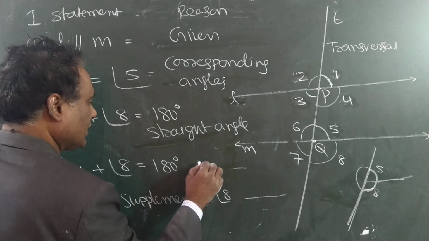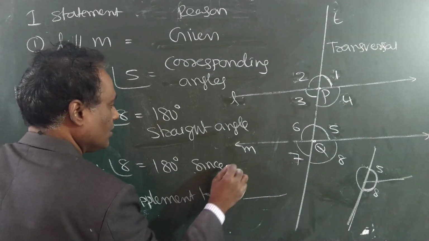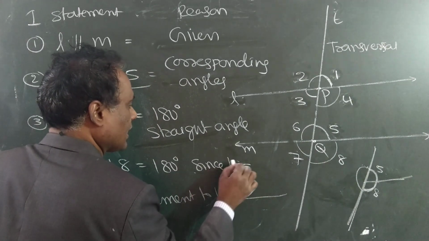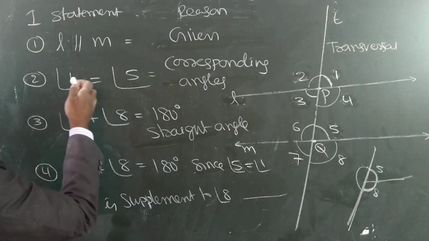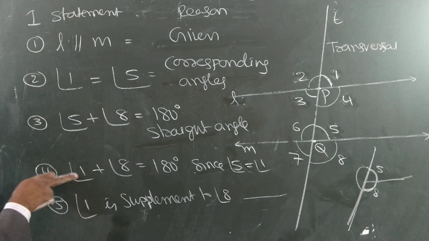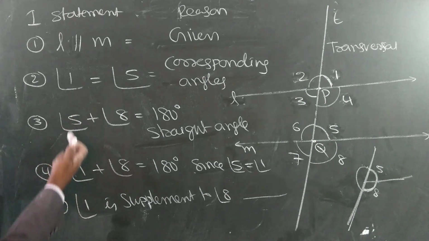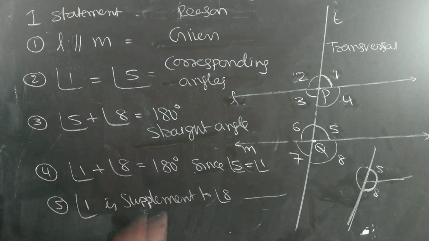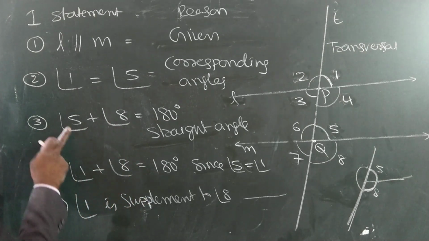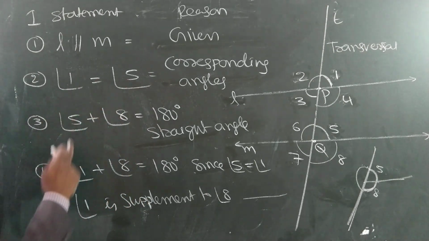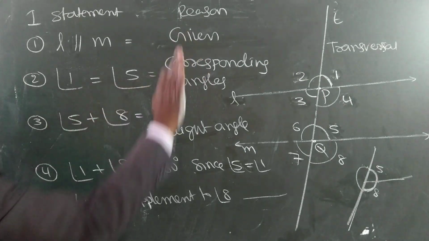So what is the reason? Since angle 5 is equal to angle 1. Already it is written here. So in place of 5, I am writing 1. Angle 1 plus angle 8 is equal to 180 degrees. What is the reason? Only in place of 5, I wrote 1. We can write because both are equal.